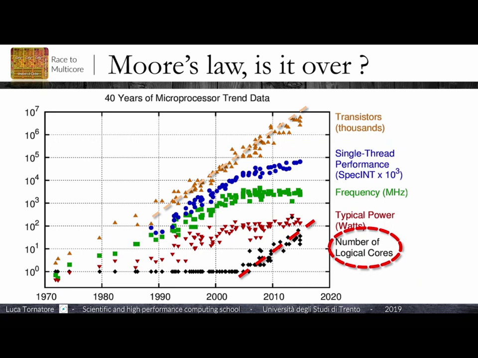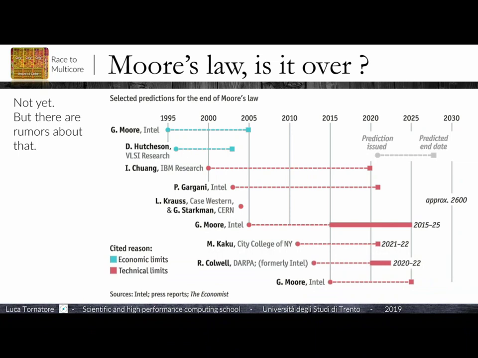The point here is that you see that these two lines are basically the same. So what happened is that you have, yes, more transistors, but even more cores. And here you had just one core. So something happened here. They started to put more cores in a single socket. Why is that? These are, of course, profound consequences.